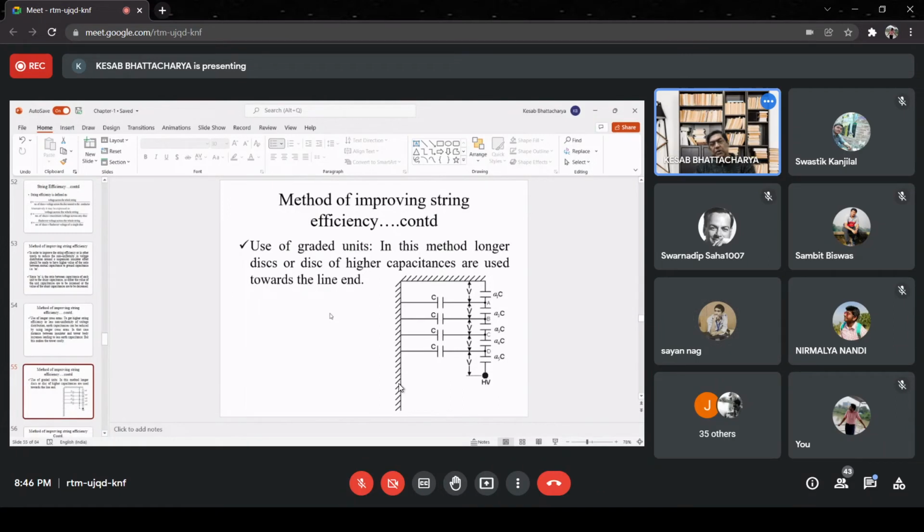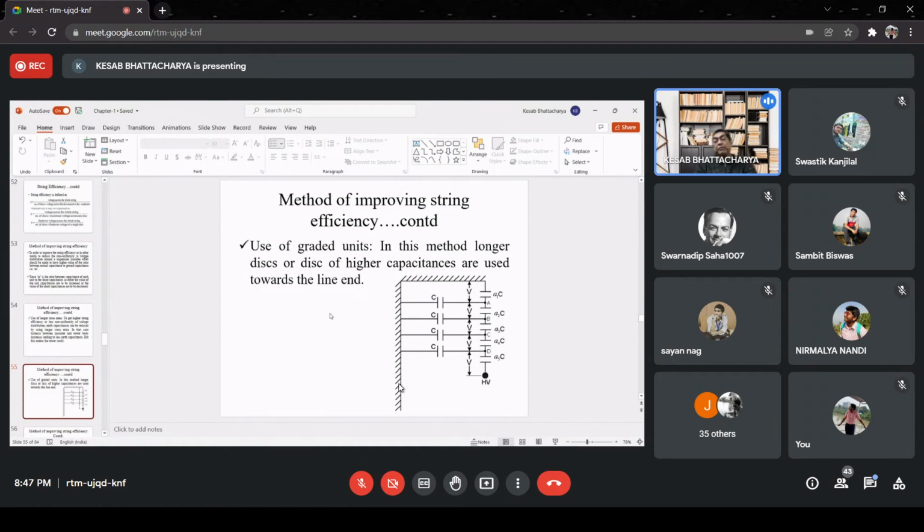And lower voltage will be available across the line end, and higher voltages will be available across the ground end. That is because as you move away from the line end, current gradually decreases.